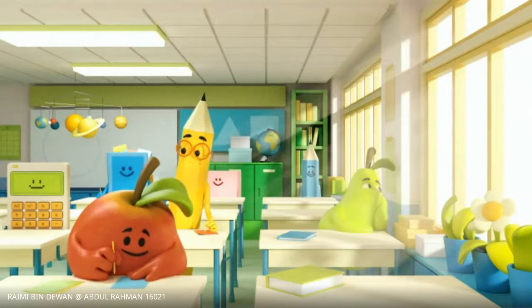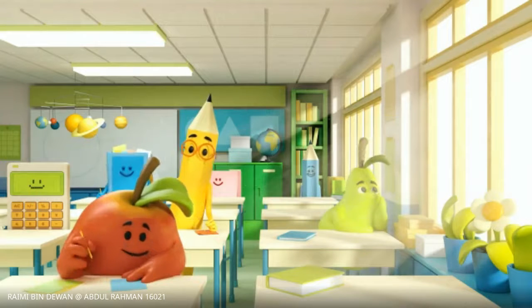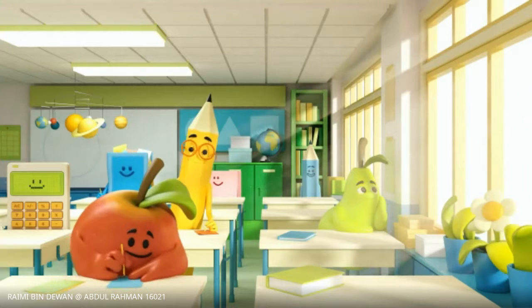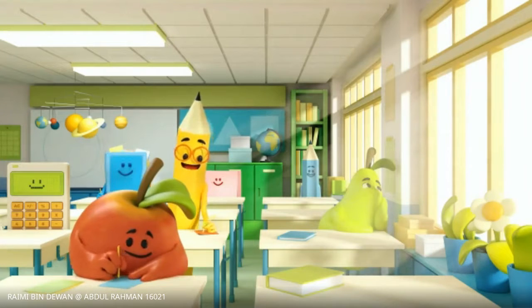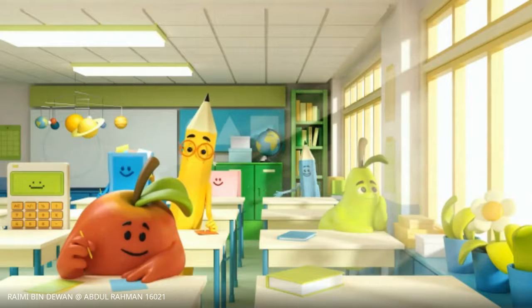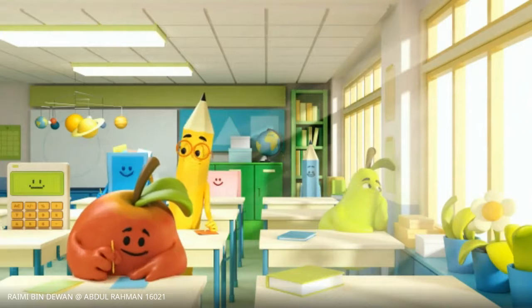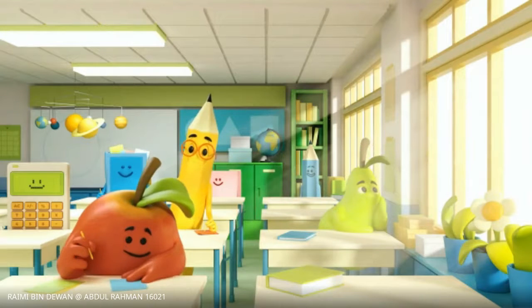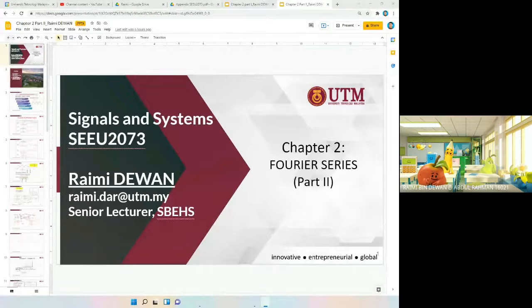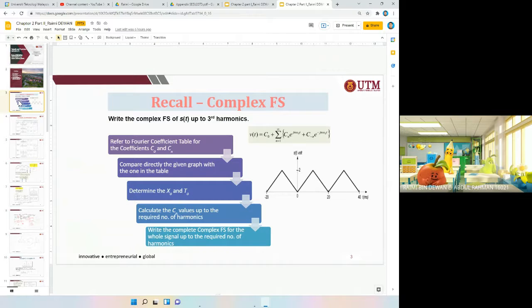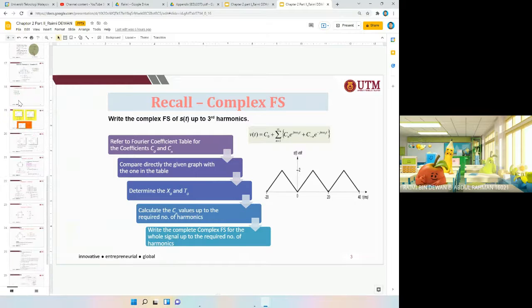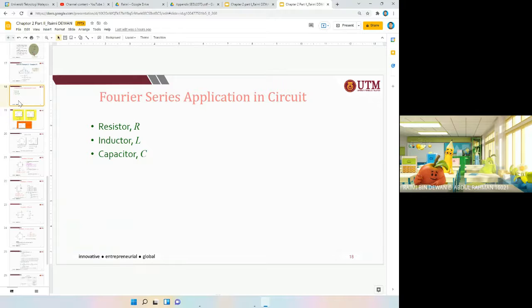Okay, so chapter 2 part 2. The part that we have yet to cover is this, Fourier series application in circuits.